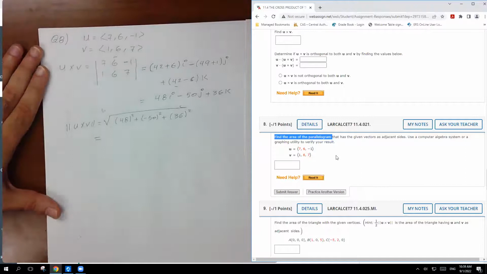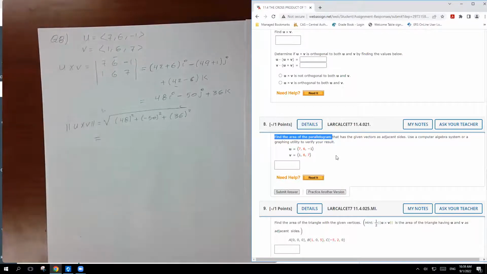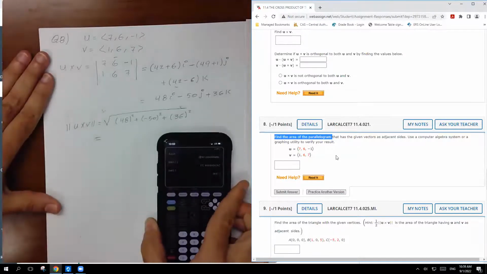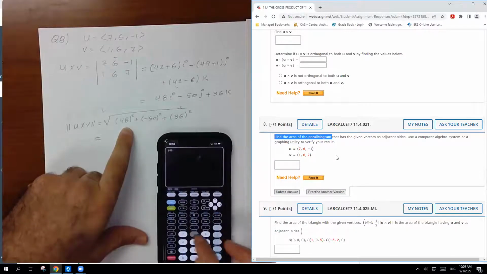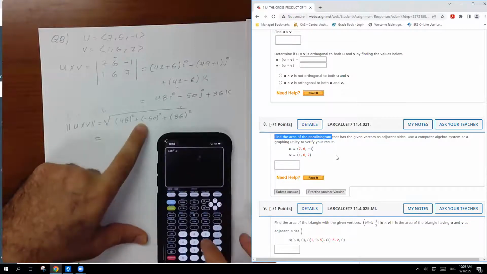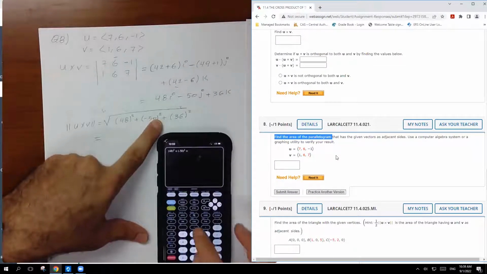How much is going to be the area? Let's check that. So it's going to be 48 squared plus negative 50 squared plus 36 squared. This one is going to be 6,100.